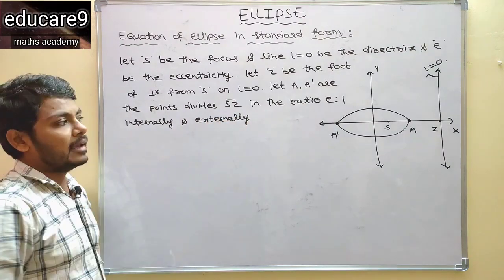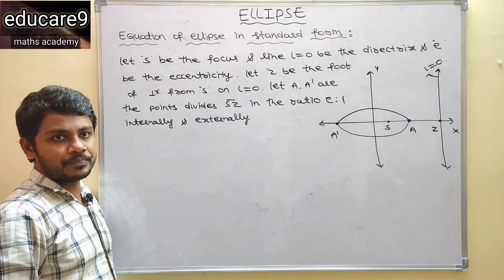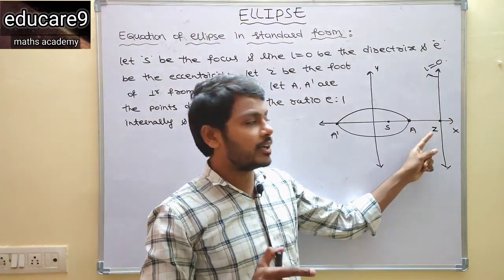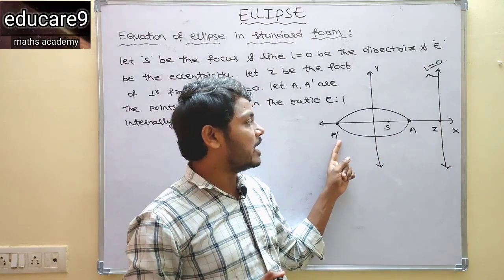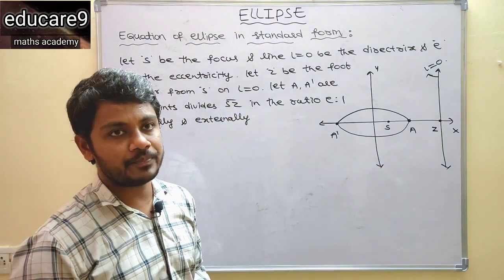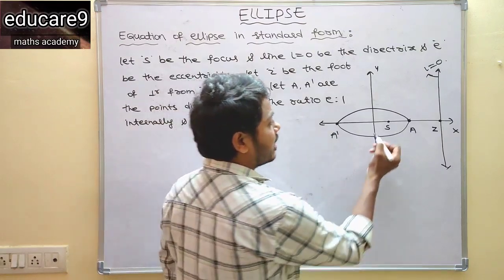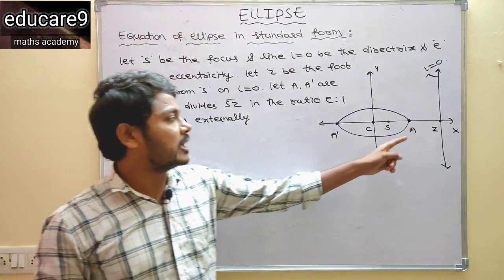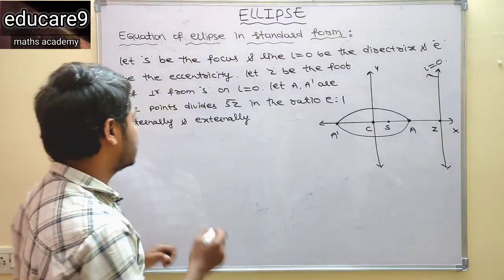Internally and externally. See here, A divides SZ in the ratio e is to 1 internally, but A dash divides SZ in the ratio e is to 1 externally. Also, let C be the midpoint of A and A dash.